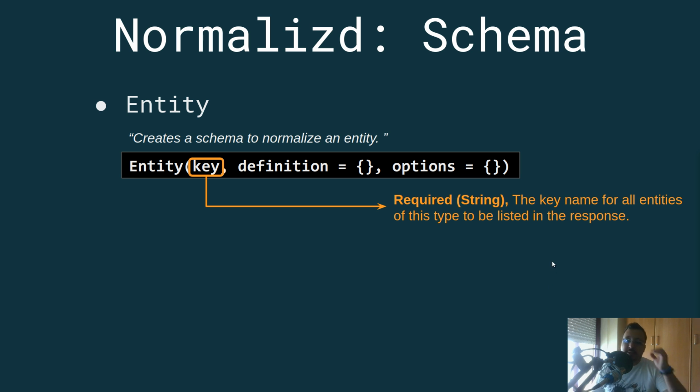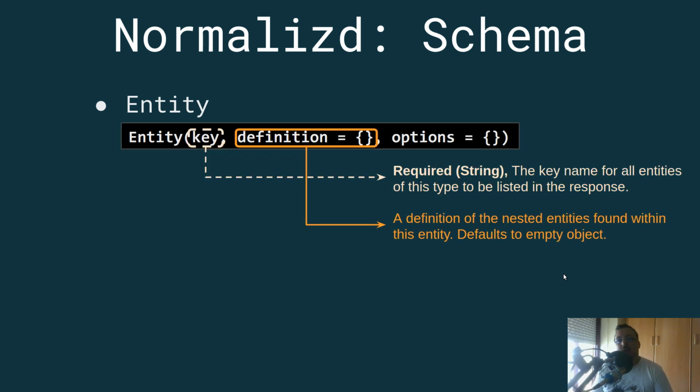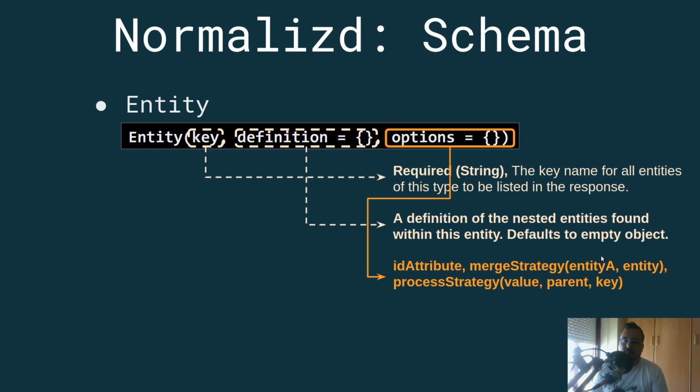So the key, the required part, is the name for all entities of this type to be listed in the response. So you see that we have the users, we have the definition, which is the definition of the nested entities found within this entity, and we have the options.